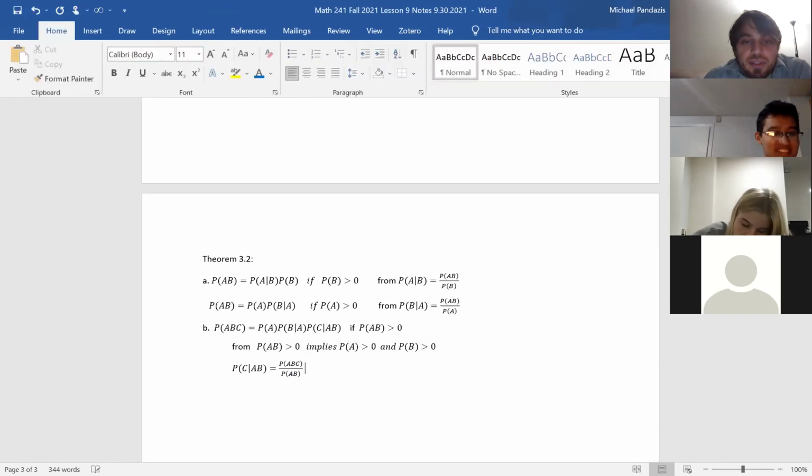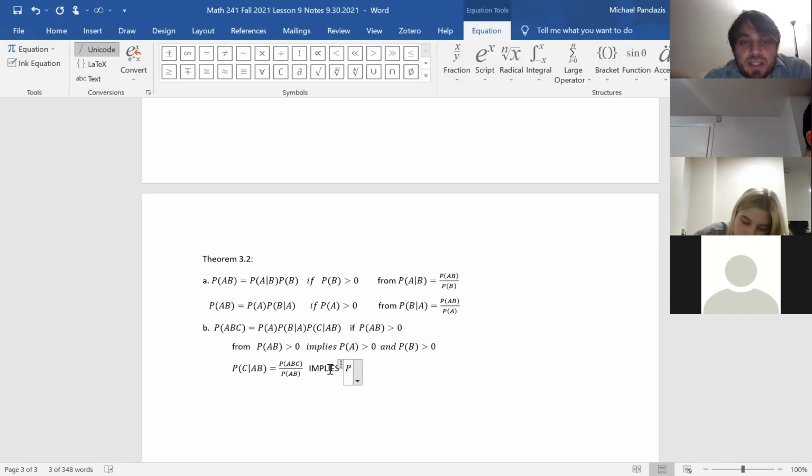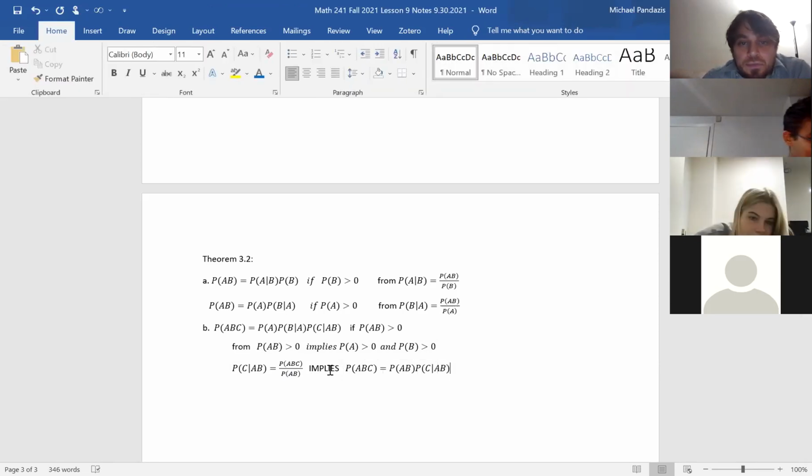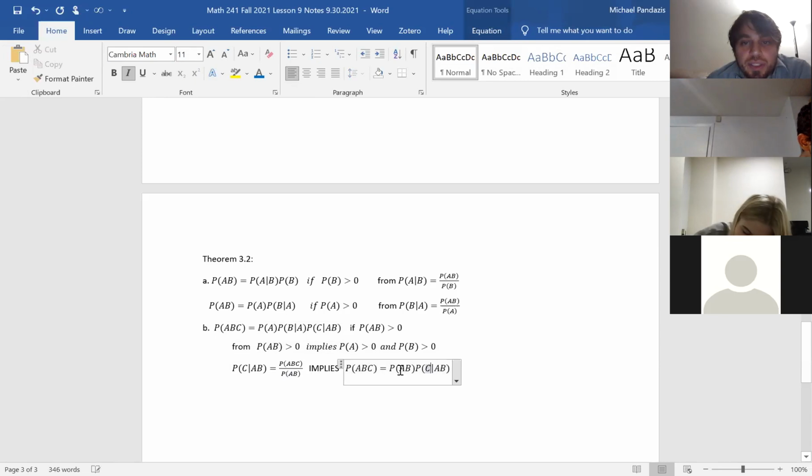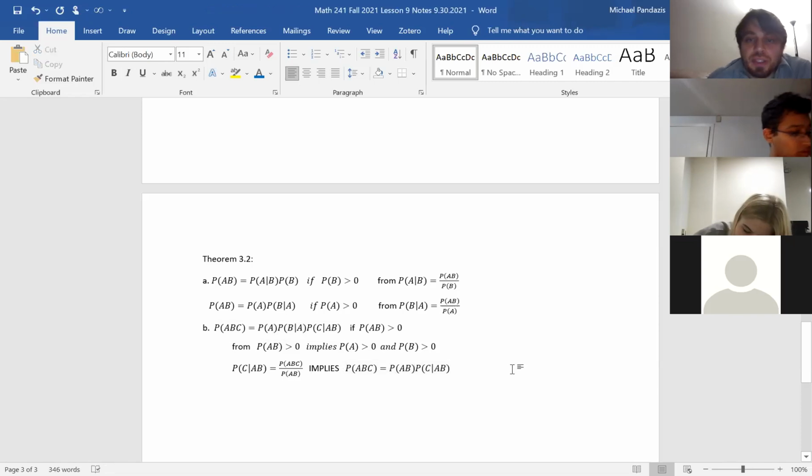And so that implies that the probability of ABC is equal to the probability of AB times the probability of C given AB. Okay, so now we know that this thing is equal to this times the probability of AB. And what we just want is that this is equal to this, which is true.